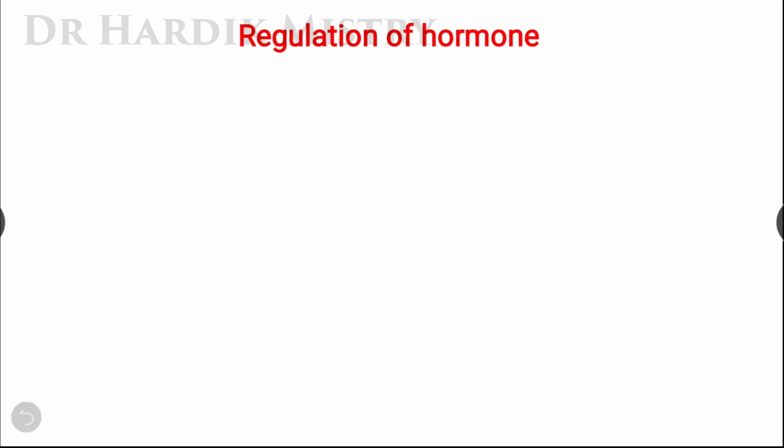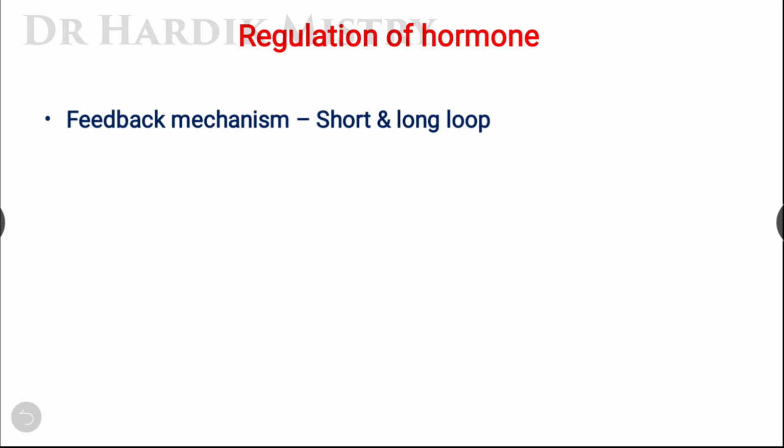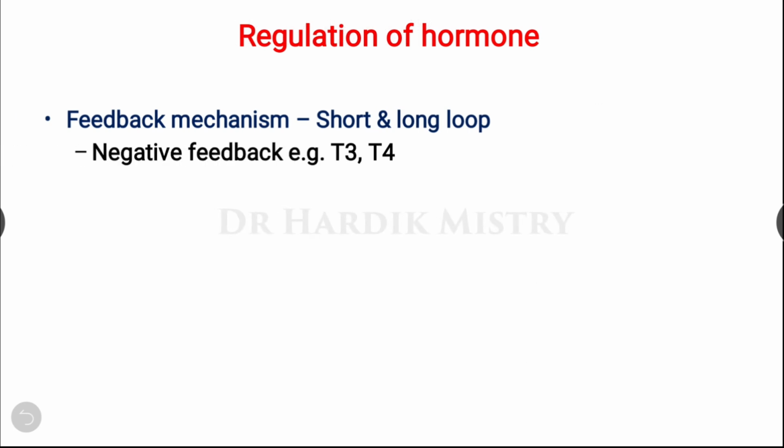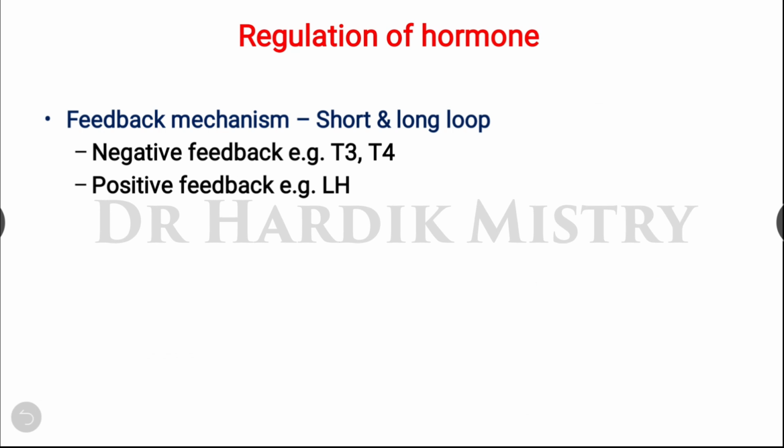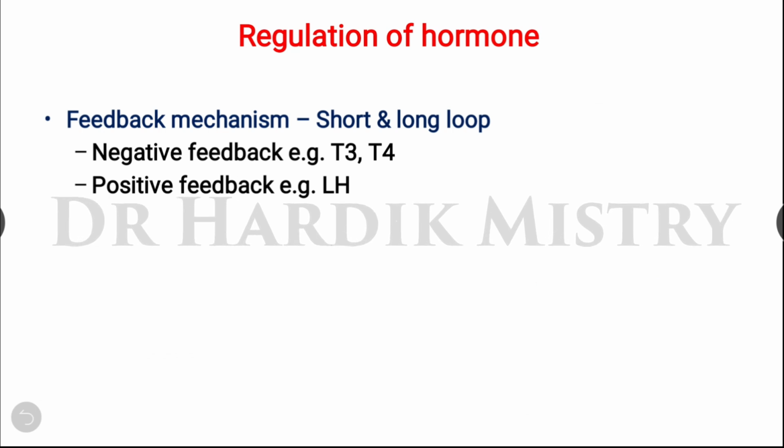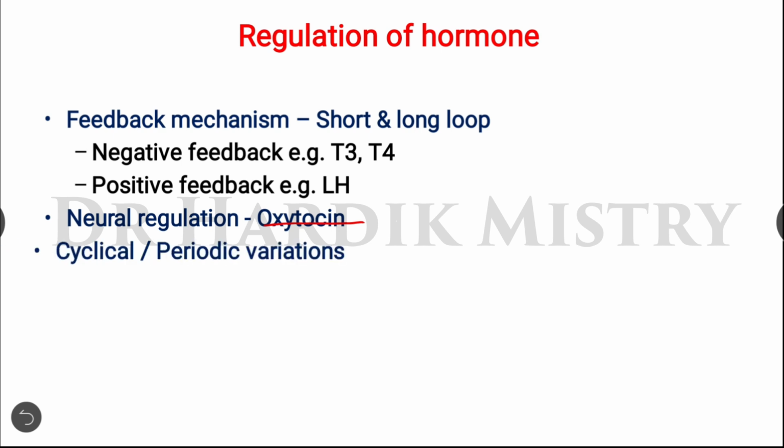Okay, now regulation of hormones: feedback mechanisms, negative feedback and positive feedback. We already understood feedback mechanisms in the general physiology part. For negative feedback, an example is thyroid hormones, and for positive feedback, an example is luteinizing hormone. Neural regulation: oxytocin.